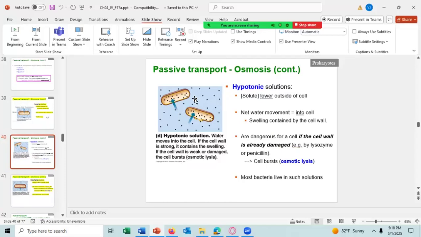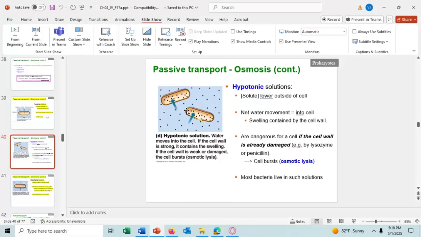If the cell has a cell wall, this is not a problem because the water will move into the cell, expanding the cell membrane up to the cell wall. But once the cell membrane reaches the cell wall, it cannot expand any further because the cell wall limits its expansion.